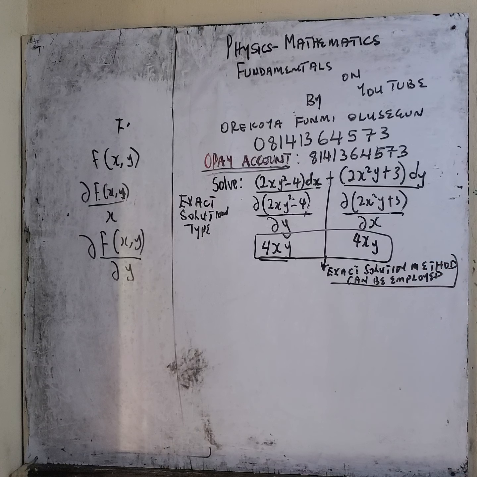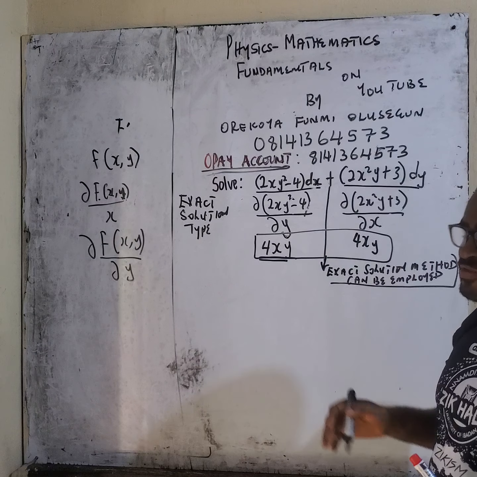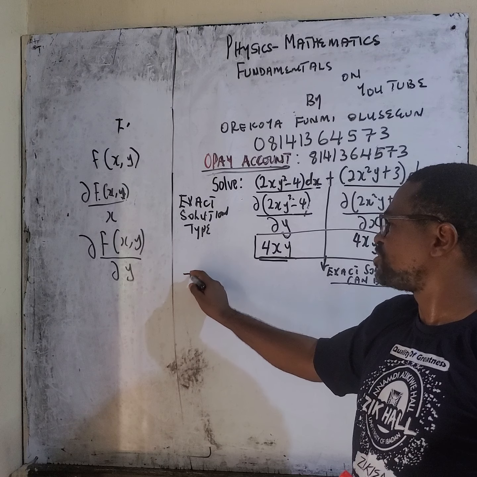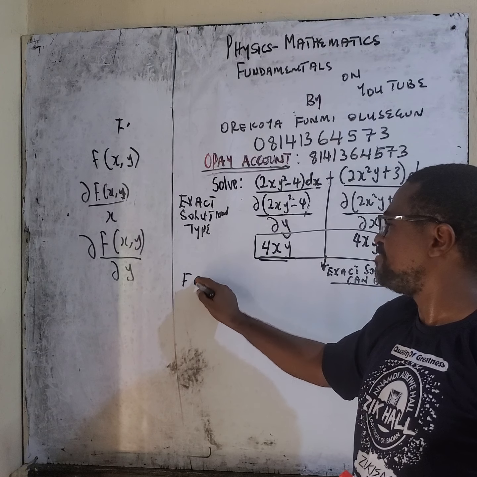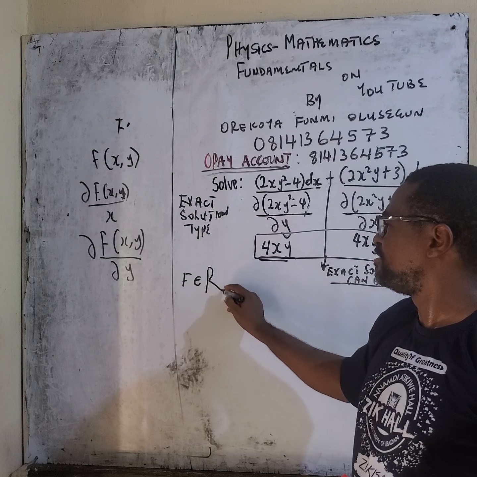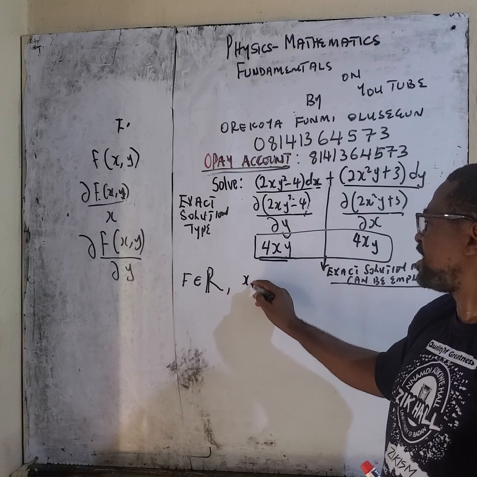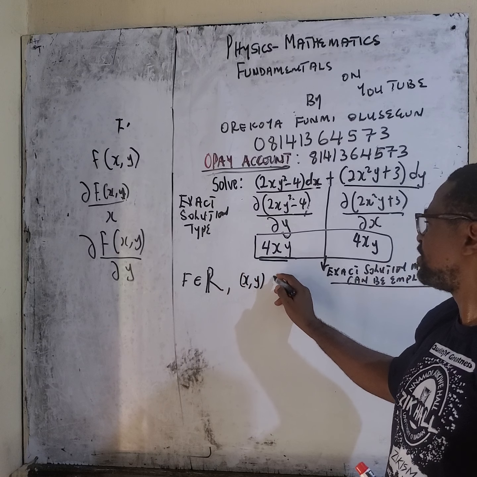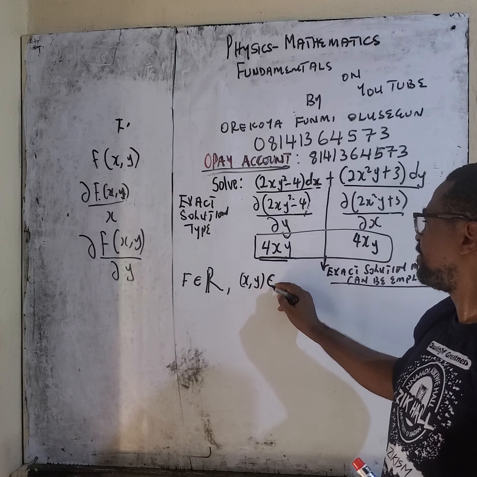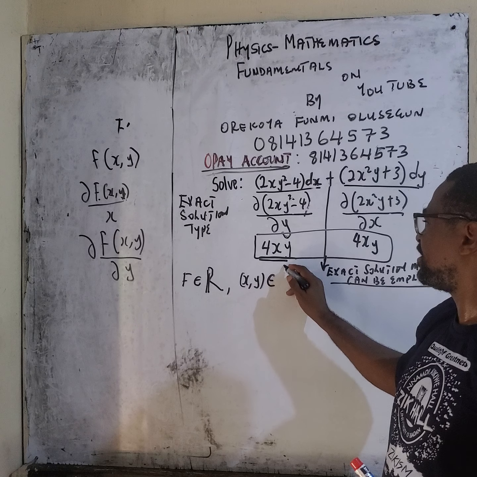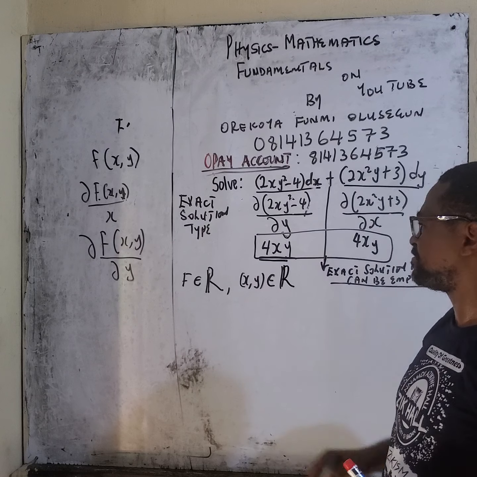So in that case, anytime we want to involve the exact solution method, we think about a particular function f, which is an element of the real numbers, such that the elements x, y are also elements of the real numbers.